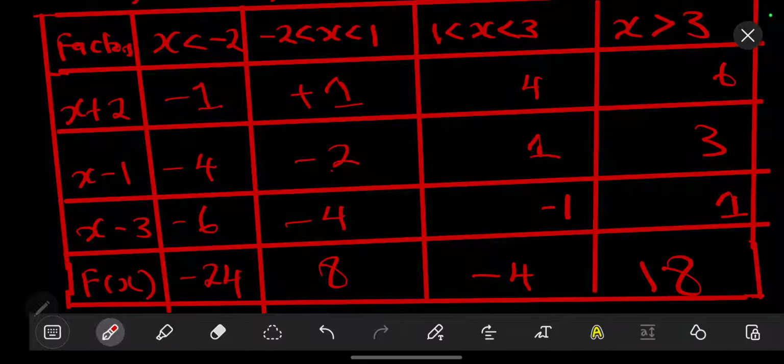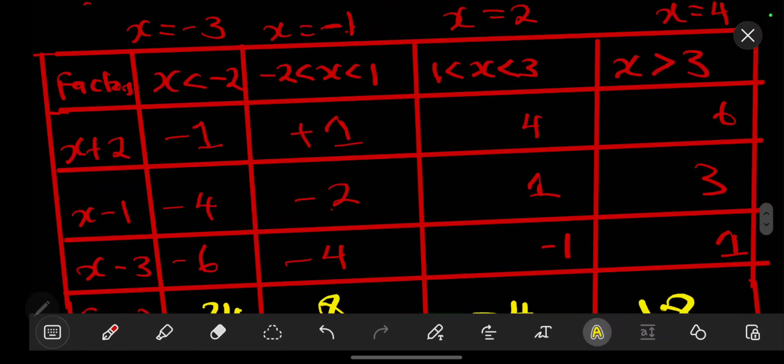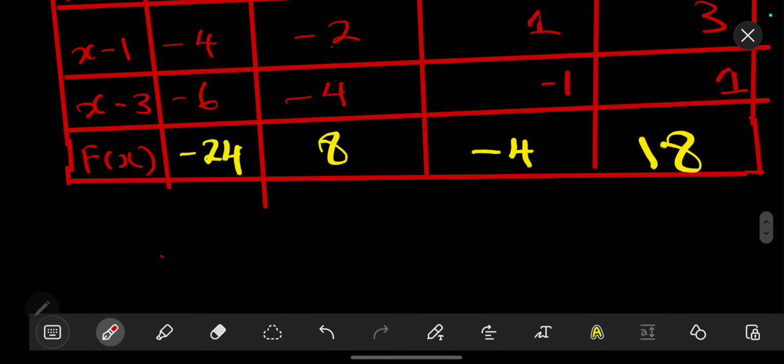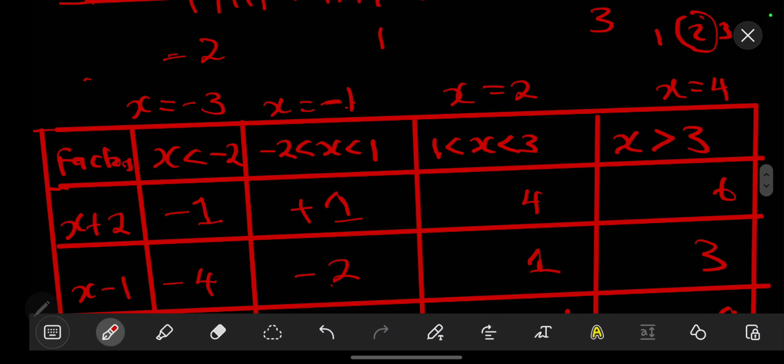So we have found these values. These are our values of f of x, or our y values in other terms. So now let's see what we have. The value that was producing a negative 24 was a negative 3. So this is the same as having our negative 3 comma negative 24. When you look here, we have a negative 1.